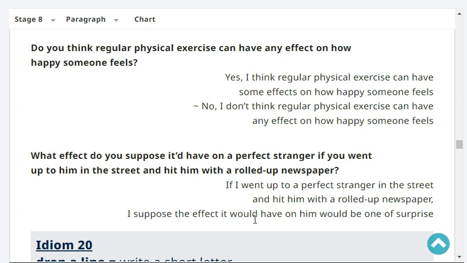What effect do you suppose it would have on a perfect stranger if you went up to him in the street and hit him with a rolled up newspaper?